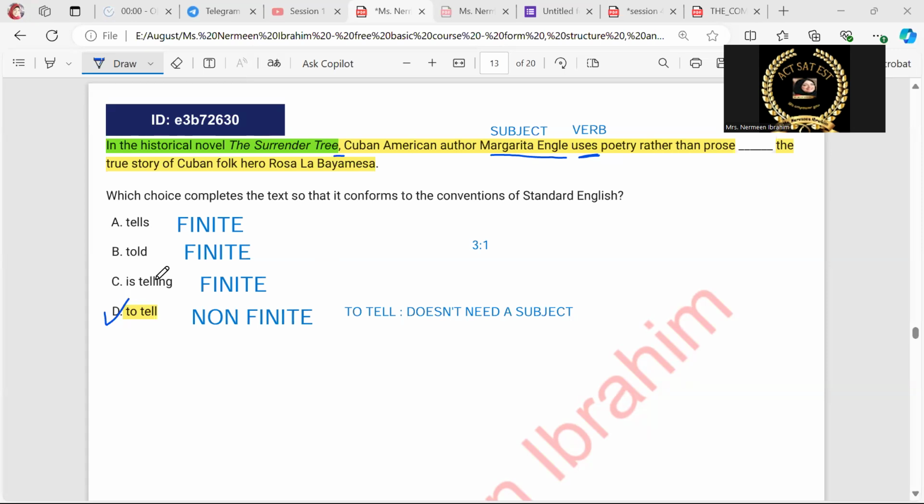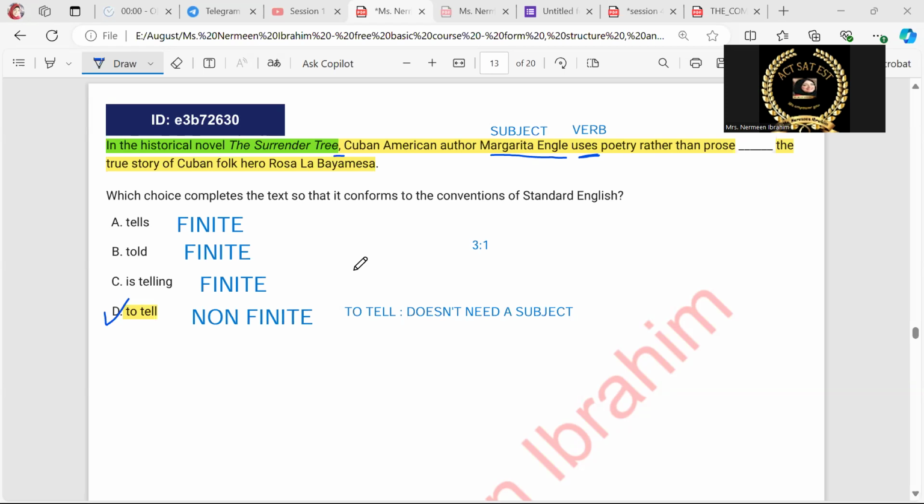But if I say telling only in the choice, that's non-finite. Why? Because it doesn't give me a main verb or a verb tense. If I say Faris telling, does it make a main verb? It doesn't make sense. But when I say Faris is telling his story and so on, yes.